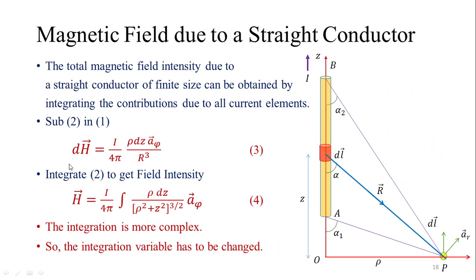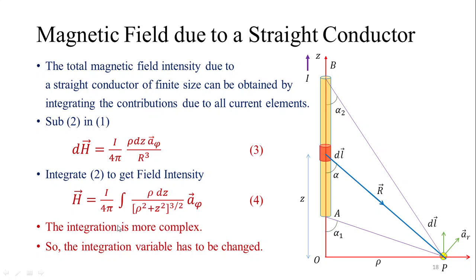So you will get dH as I by 4 pi rho dz a phi divided by r cube. Here r cube is rho square plus z square to the power 3 by 2. This one involves dz, and the same variable z appears in the denominator also, so it is more complex to integrate.